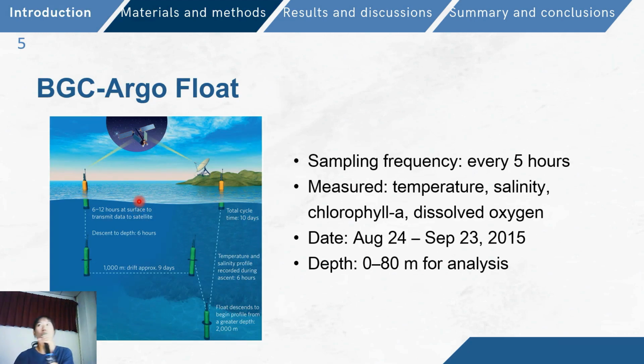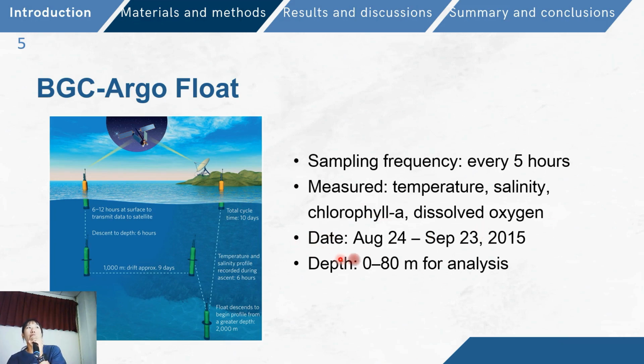The BGC-Argo float is part of the global ocean observation system. This float can measure every 5 hours and measures temperature, salinity, chlorophyll, and dissolved oxygen.